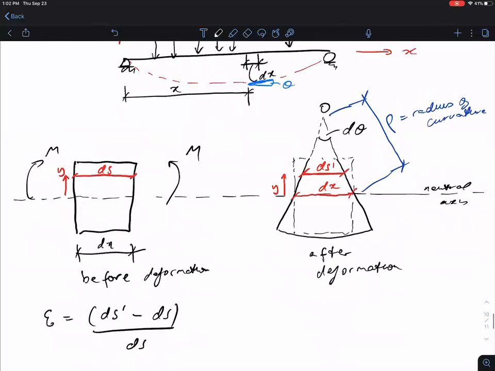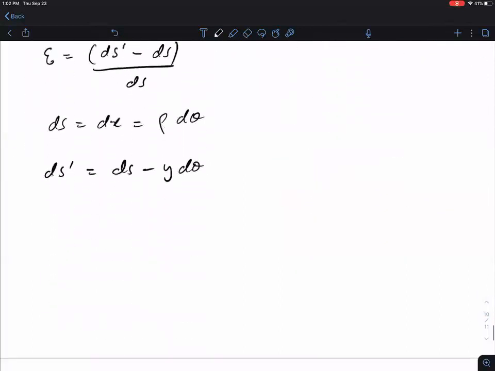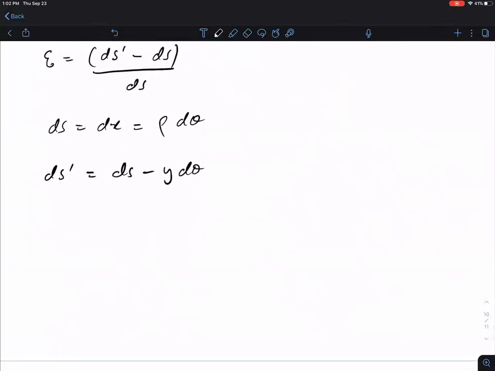So the change in length is given by y times d theta. But we've said that ds is also equal to rho times d theta. So we can write ds prime as rho minus y d theta.